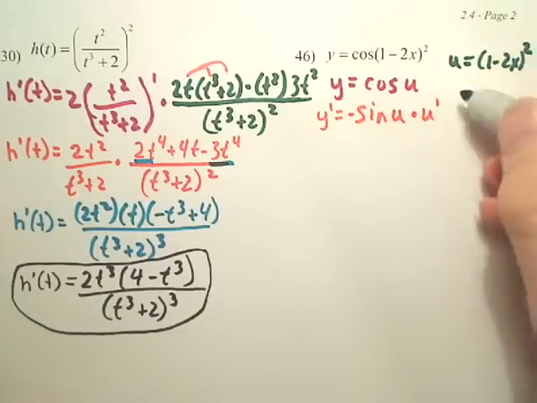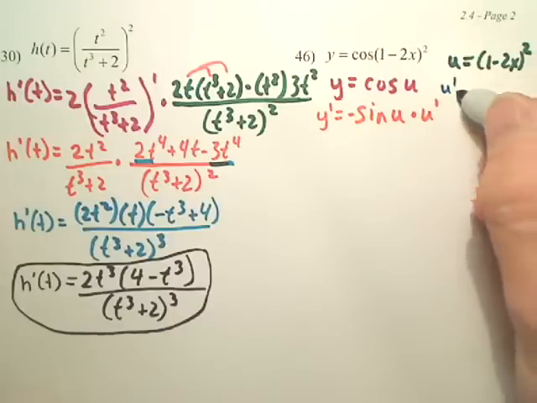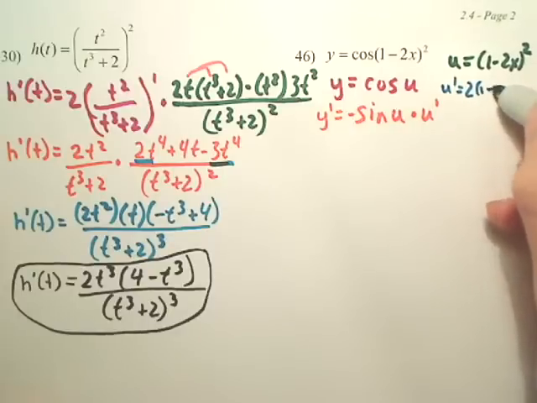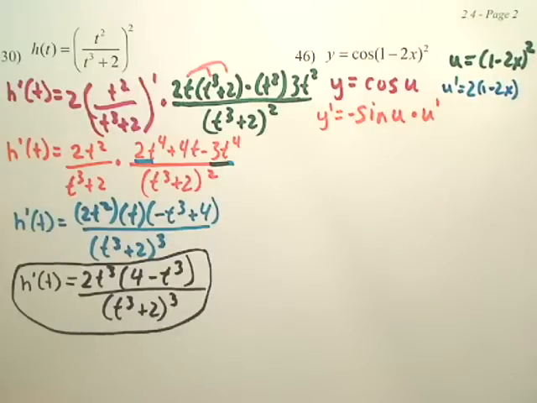The derivative of u, well, isn't that going to be 2, 1 minus 2x, but then isn't this the chain rule here? Take the 2, bring it out front, leave 1 minus 2x, but then derive 1 minus 2x, and what do you get? Negative 2.